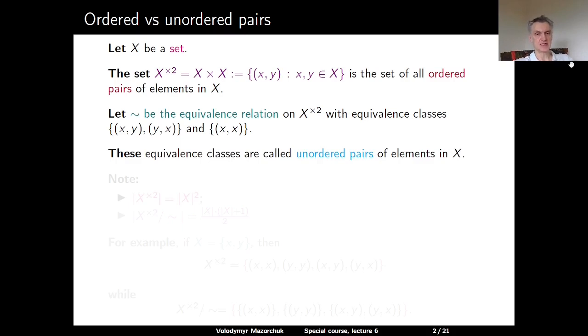So these equivalence classes are called unordered pairs of elements in X.